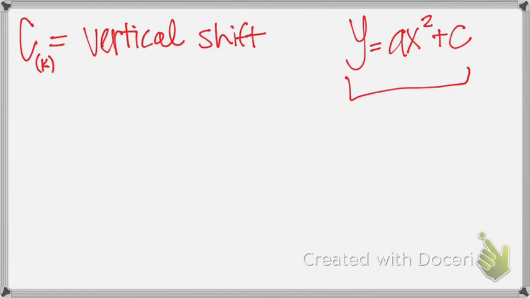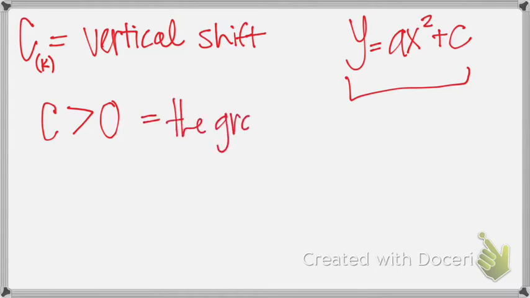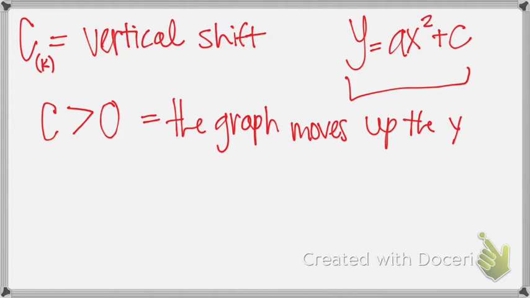Okay. So obviously, if C is greater than 0, where am I moving on my graph? If it's greater, I'm going up, okay? So literally, the graph moves up the y-axis.